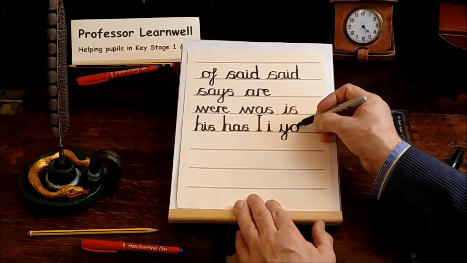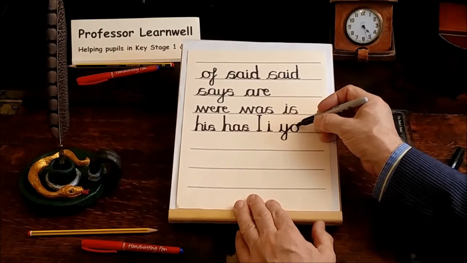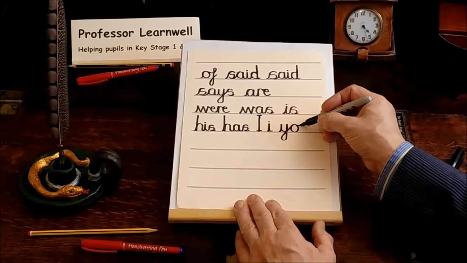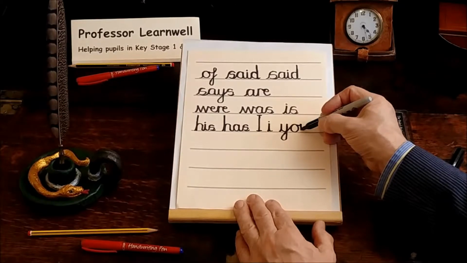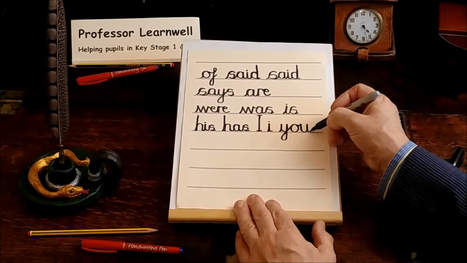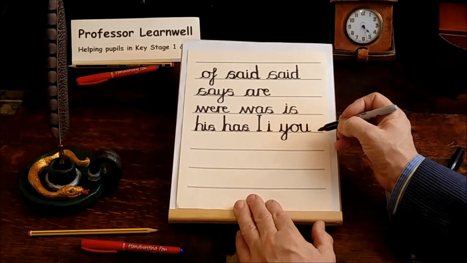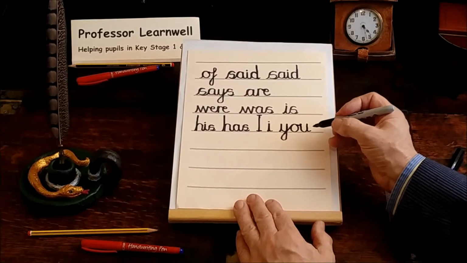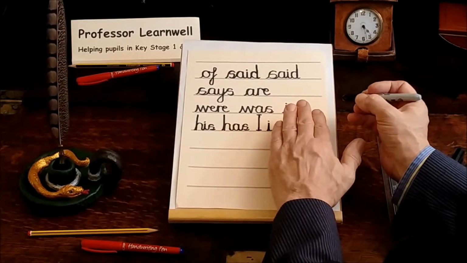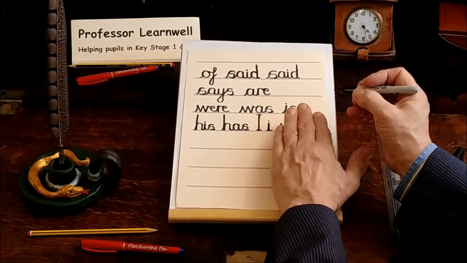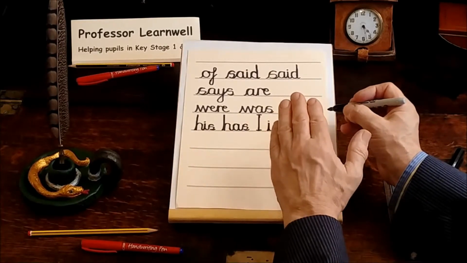And for this join, we don't go back down to the line, but we're at this point, and we're going to form the letter U. Lead out. And if we're doing our look, cover, write and check, look, Y-O-U, cover, say in your head, Y-O-U, write it, lift, check.